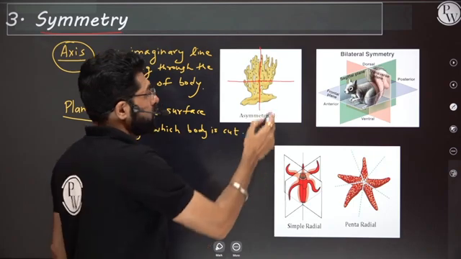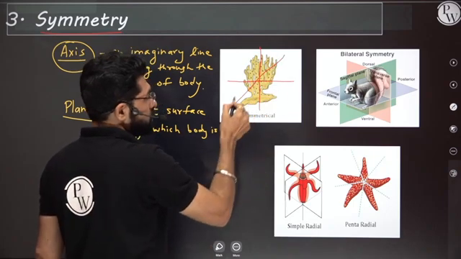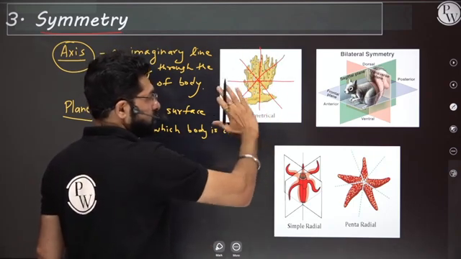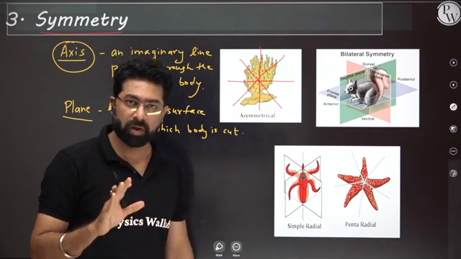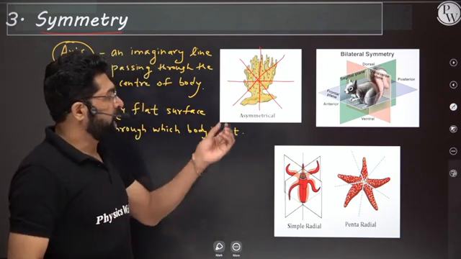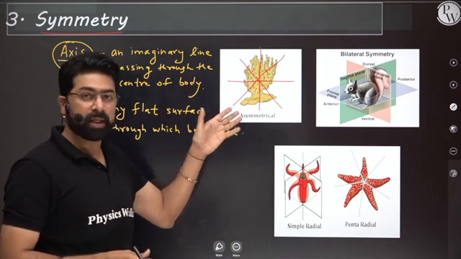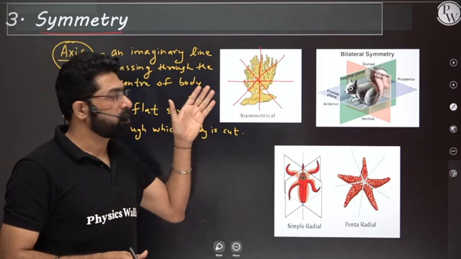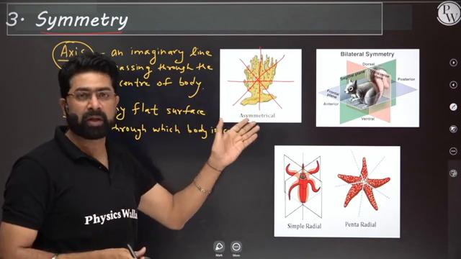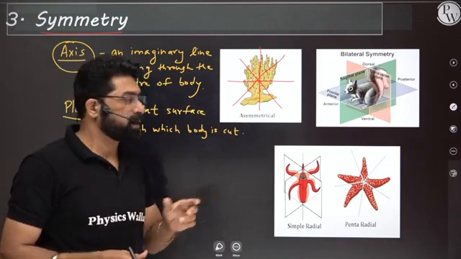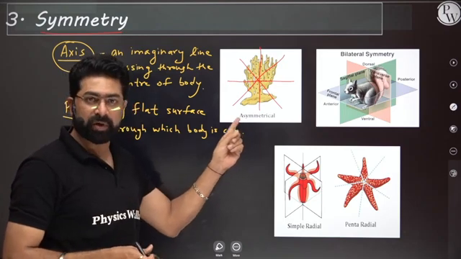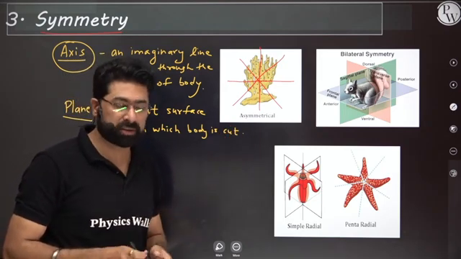No. Even if you cut it like this also, you will not find any equal right or left halves. So that means if you pass any plane through this body, if you are cutting this animal from any plane, you are not getting equal halves. That is a perfect example of asymmetry found in sponges.